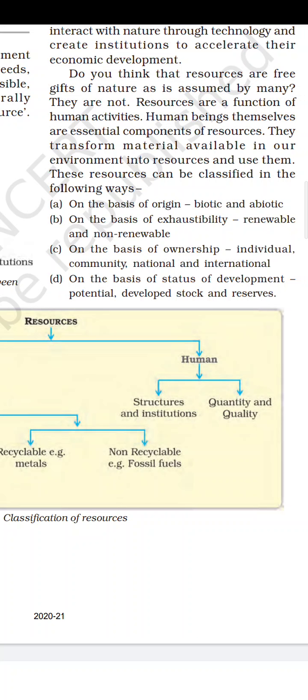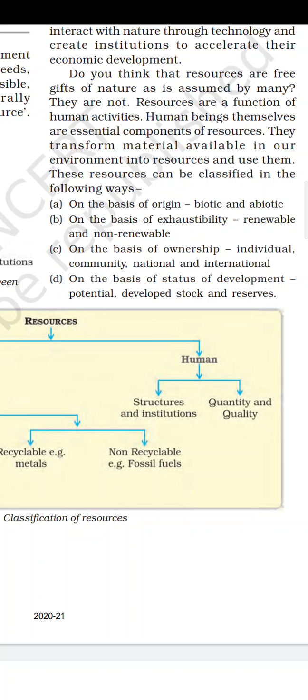It is not the belonging of any particular country. That is international. For example, atmosphere. If we talk about atmosphere, then atmosphere is an international resource. Any country can use that. ठीक है? And rest about international we have explained in our live class.